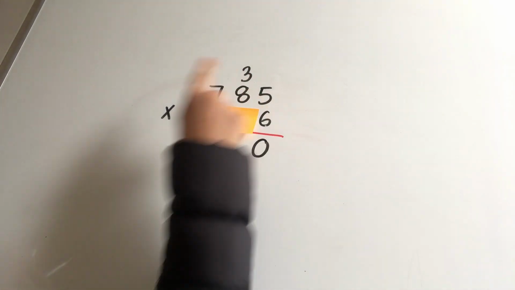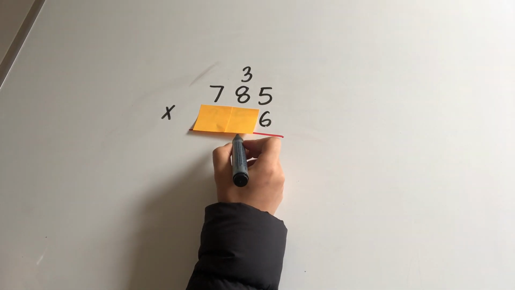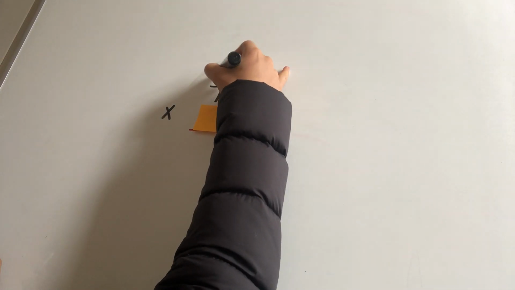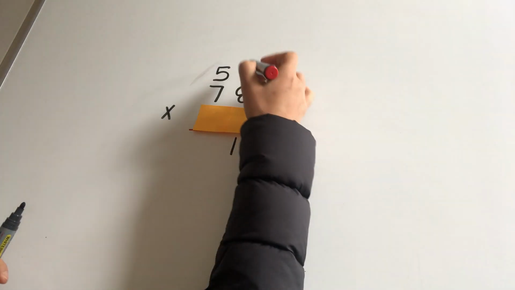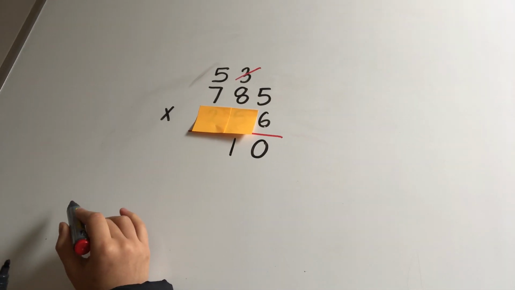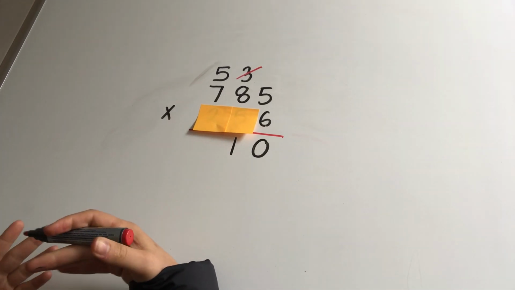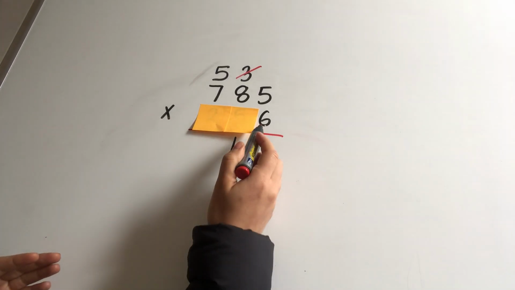So 48 add 3 is 51. So we rename 51 tens as 10 tens and 5 hundreds. I added that 3, so I'm going to cross it out so I don't forget. And it just makes it clear when I'm then multiplying our tens and hundreds number so I don't get confused.